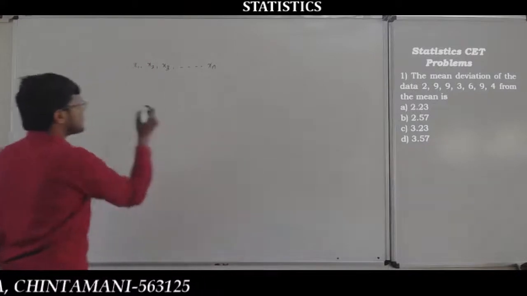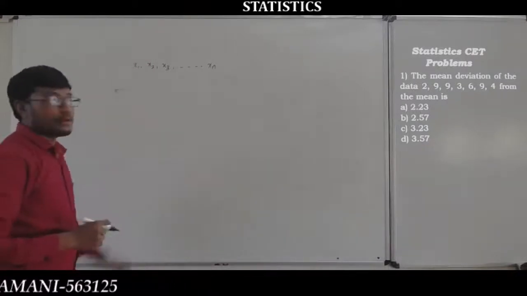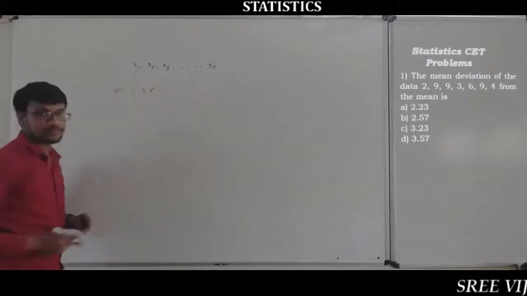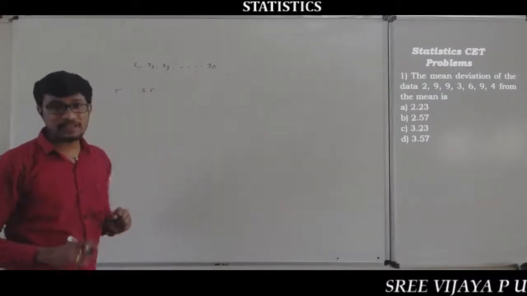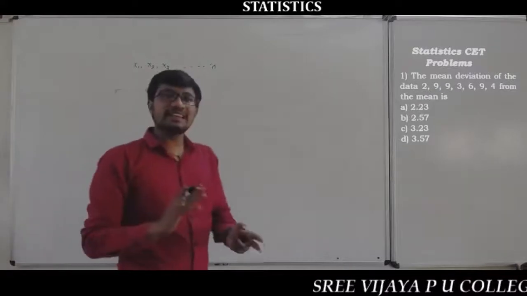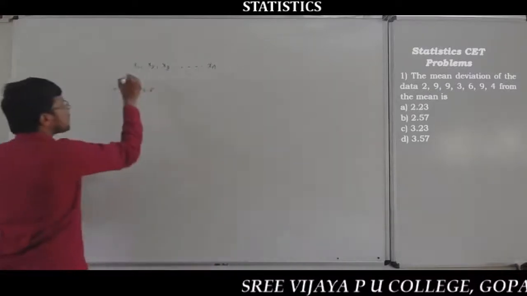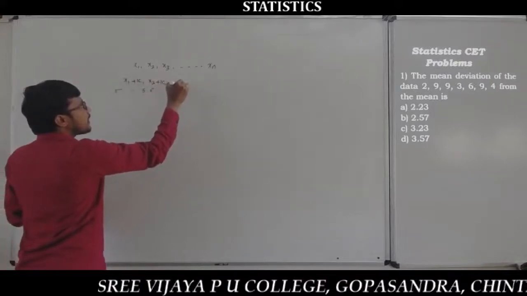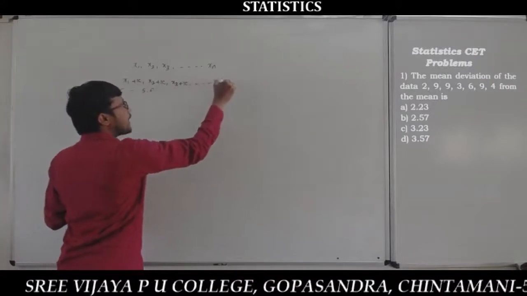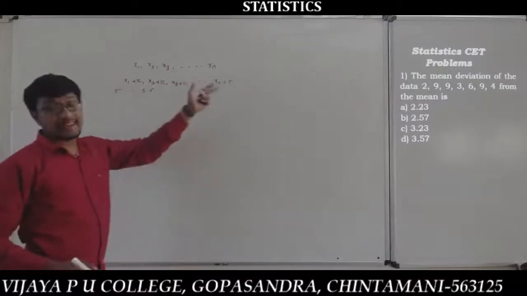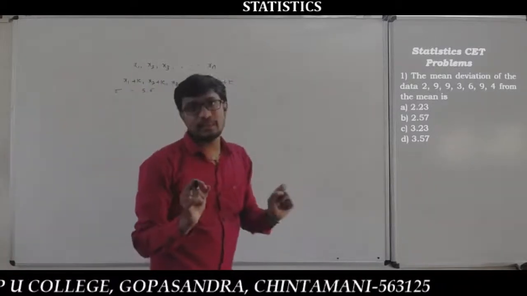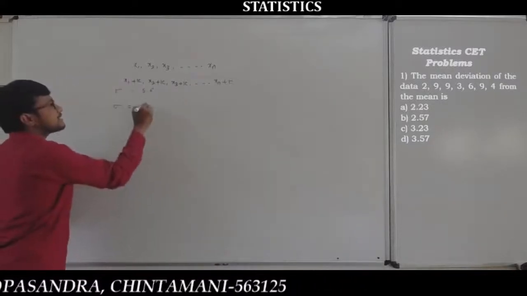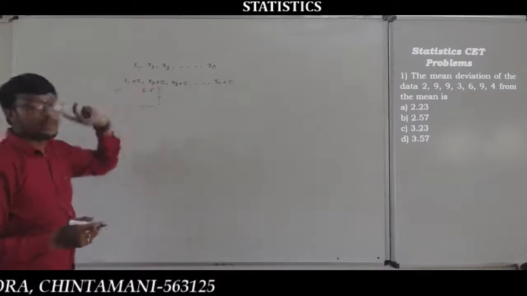To find the standard deviation for this, suppose you get some value like 5.6. For these observations, if I increase or decrease by a fixed number, that is x1 plus k, x2 plus k, x3 plus k, and so on, xn plus k, whether I add or subtract a fixed number, the standard deviation we get is the same as the first one.